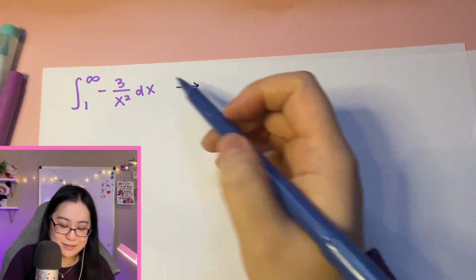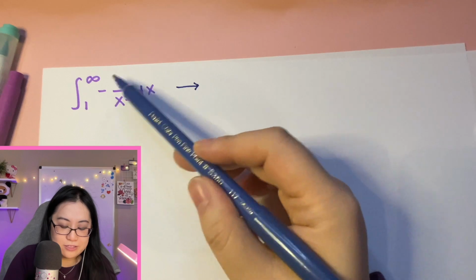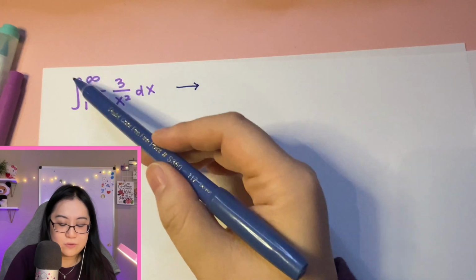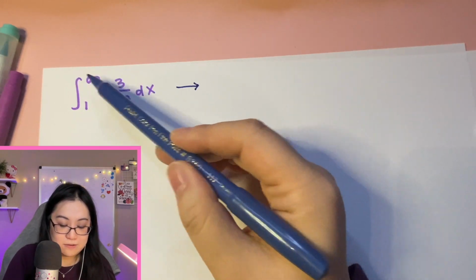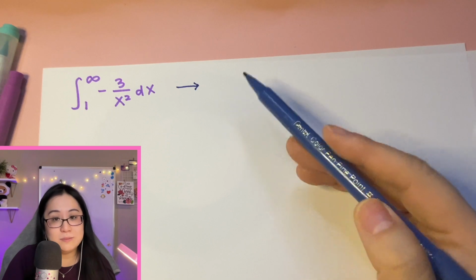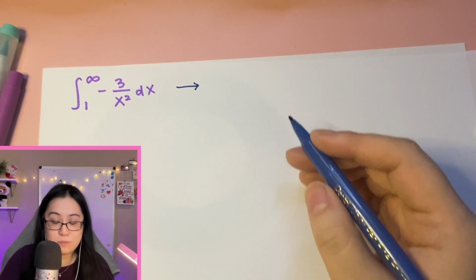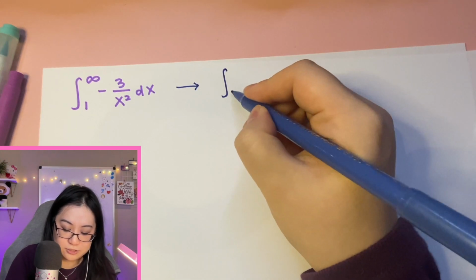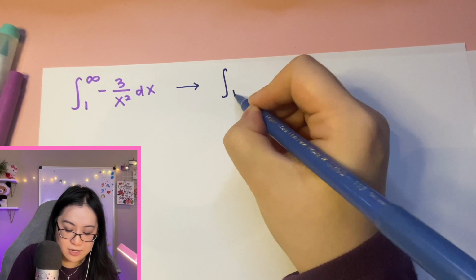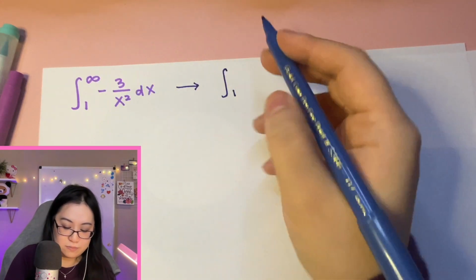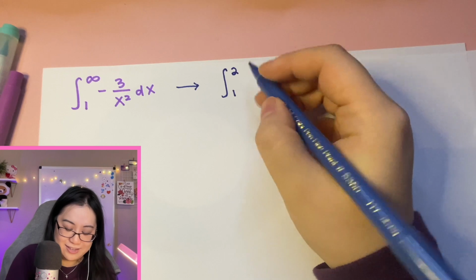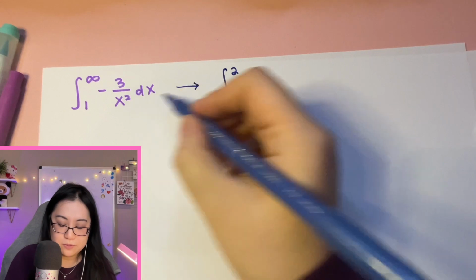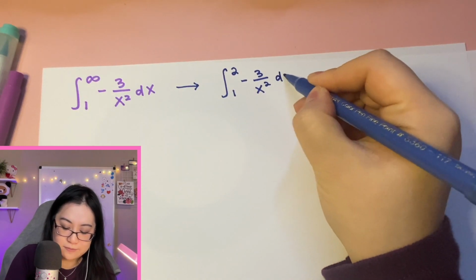along those lines, I was going to say that this question, even though we can't directly solve this with an infinity like that, is very similar to a question that you probably would know how to do if you're comfortable with basic integration, which is if I have a 1 and let's say just any other number, so let's just say 2, of this same function with respect to x.